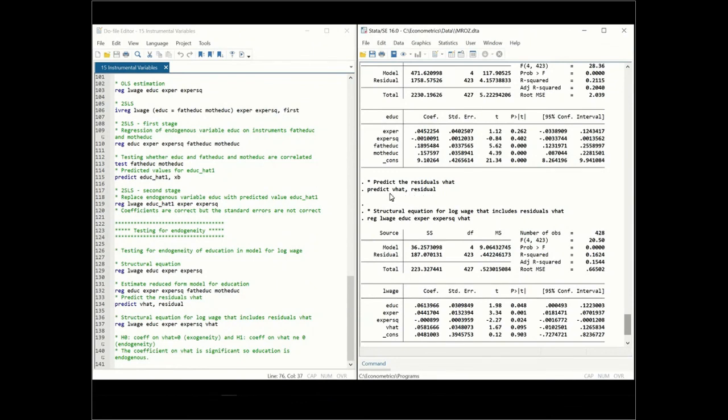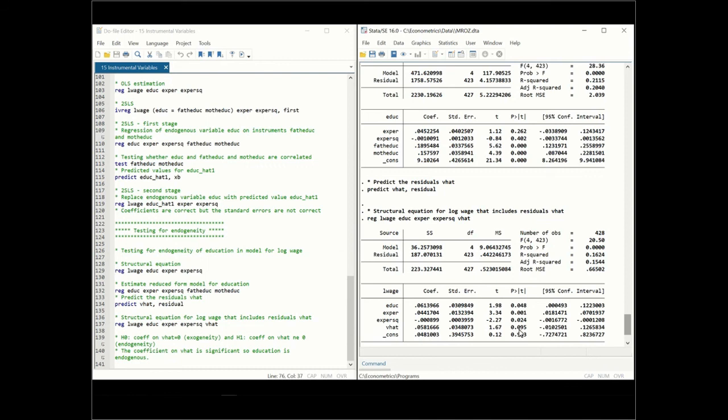And now we're going to be putting this residual back into the model here, into the structural model. And we're going to be looking at the coefficient on this residual here. And what we're going to find is that this coefficient is significant at the 10%.